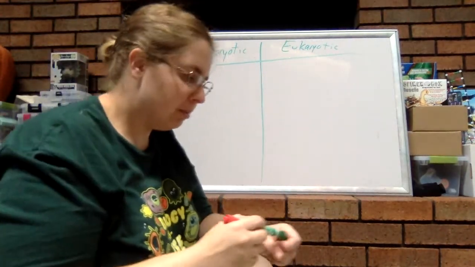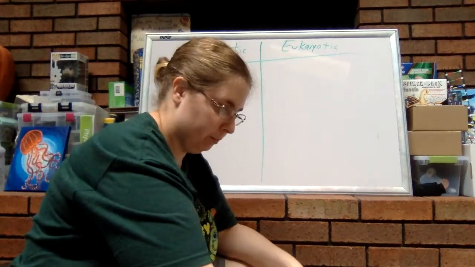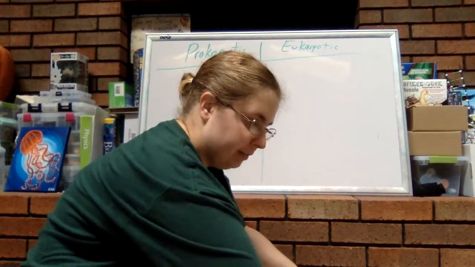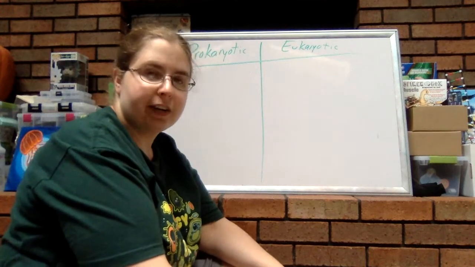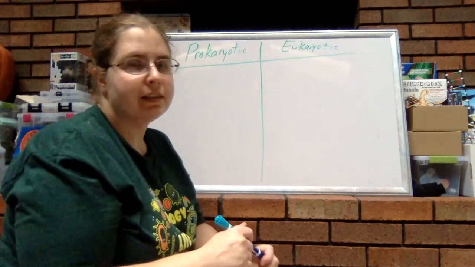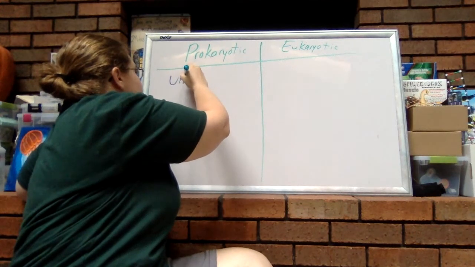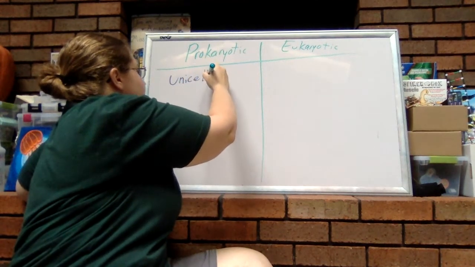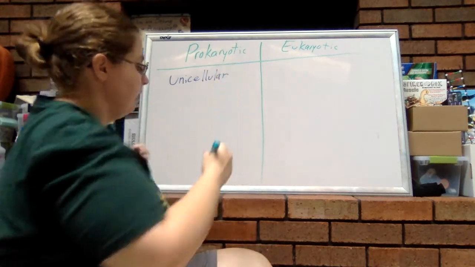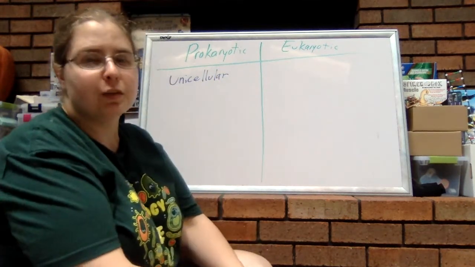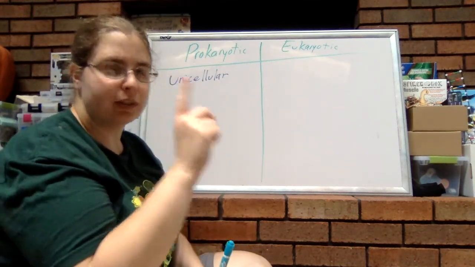Alright, so we're going to talk about some of the differences between these two. Now, first off, prokaryotic are always single-celled. So they're unicellular organisms. That means that every single prokaryotic organism is made out of one cell.